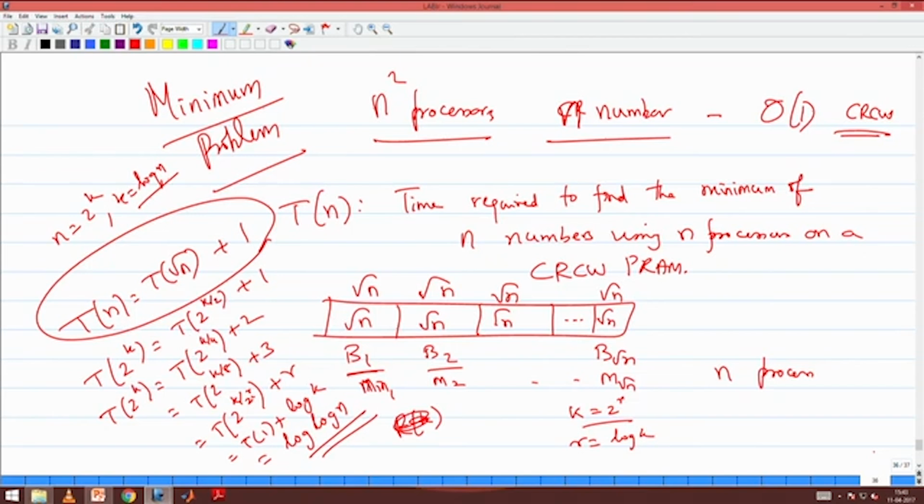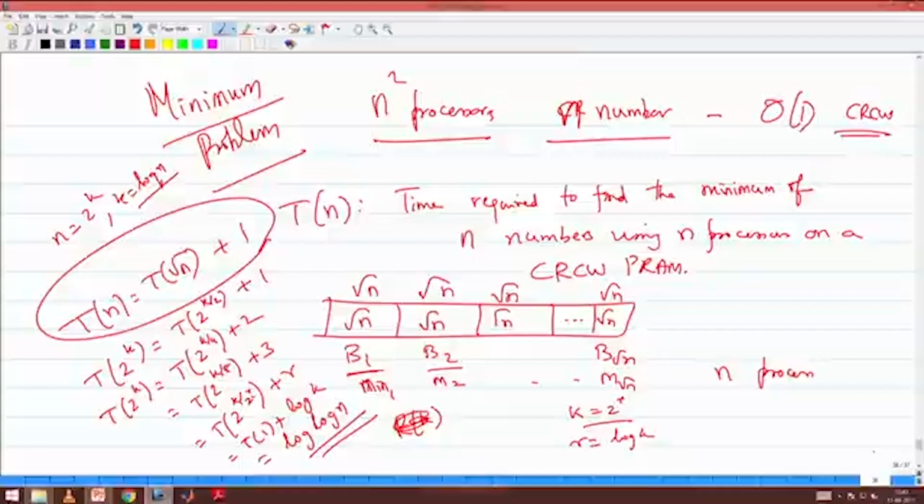So the idea is that if I have n processors and n numbers, I will split it into chunks of root n each and give root n processors to each one of them. So that will take, after that, I will finish off in T(root n). After that I will get root n numbers and I will have n processors now.